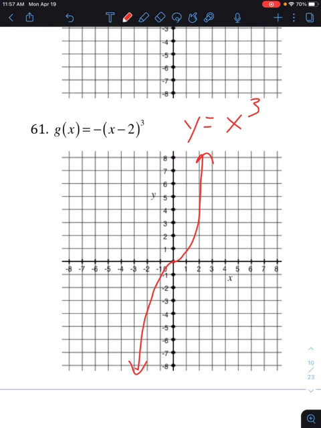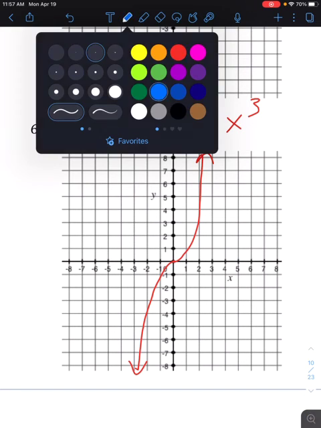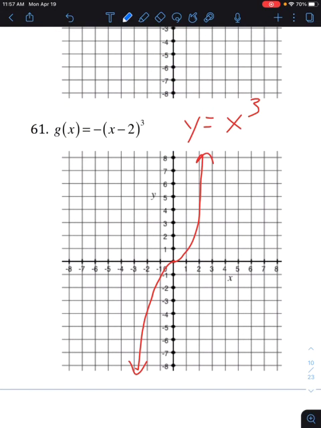So there's the parent function. Now let me draw the new one. X minus 2 is in parentheses. That means right 2. So right 2. And it's a reflection. Take a look. Right after the equal sign is a negative. So reflection, think upside down. So there it is.